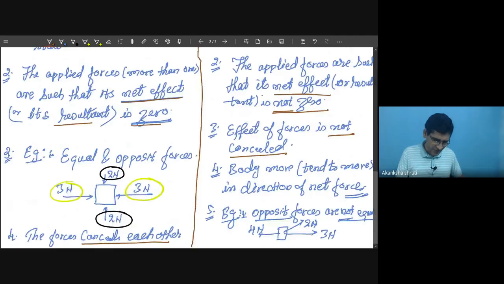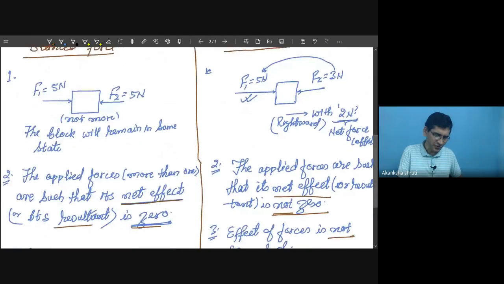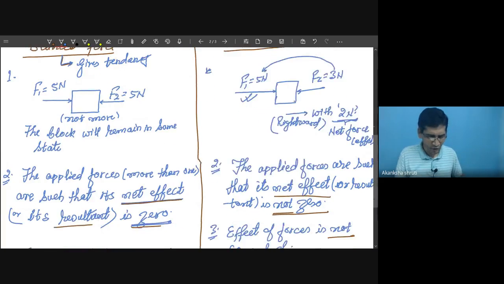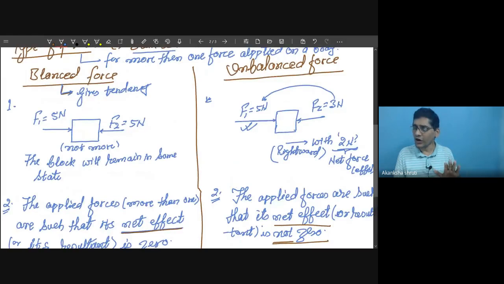So in this balanced force case, it gives only the tendency to move, but the body will not actually move or change its state. If unbalanced force is there, then the body will surely change its state.